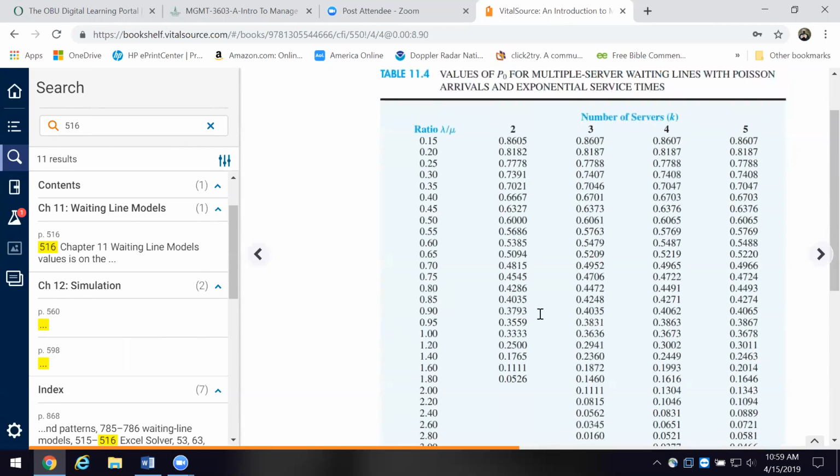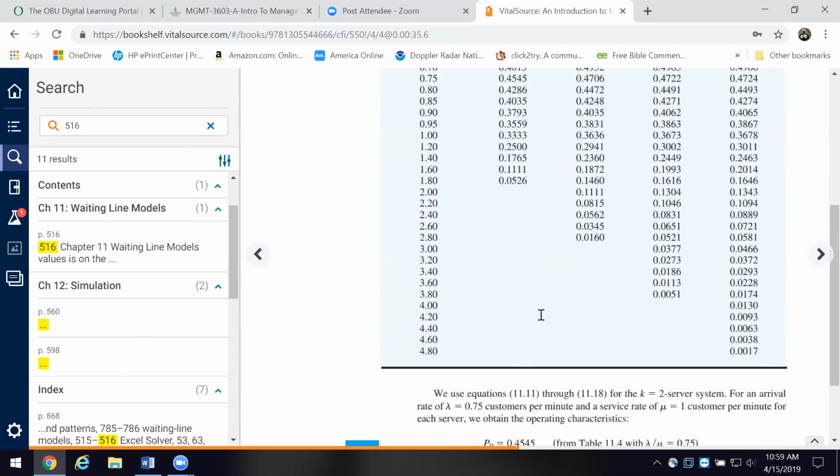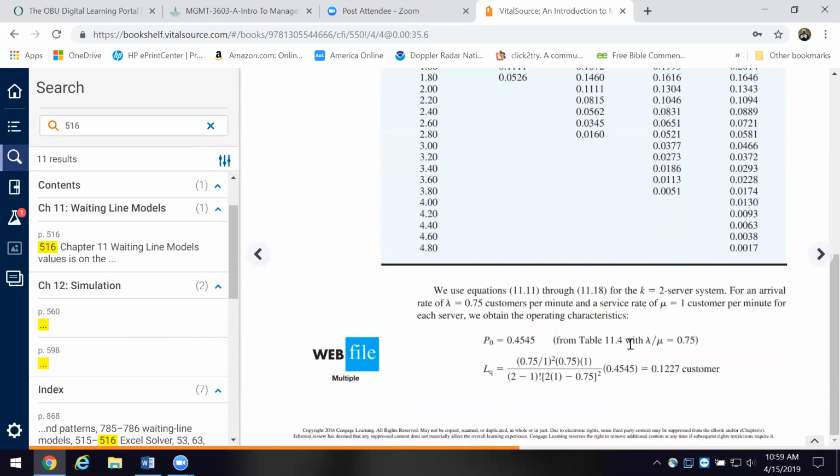So you can plug those data into the equation. They walk us through that with the 2 server, and this is where they get the values from table 11.4.